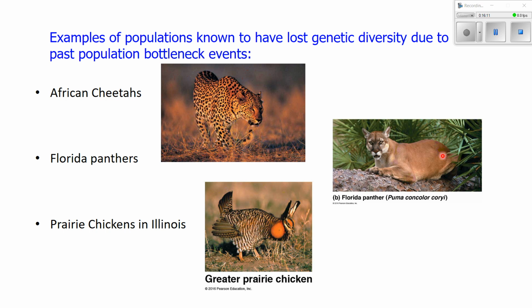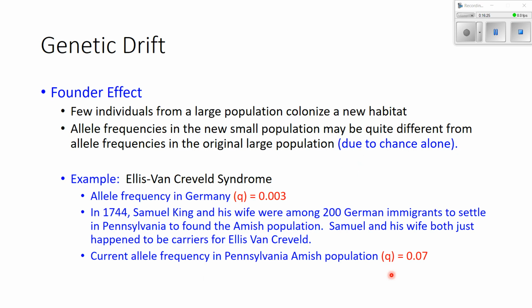The Florida panther and the Illinois greater prairie chicken, all three of these are populations that have very little genetic diversity due to near extinction events.